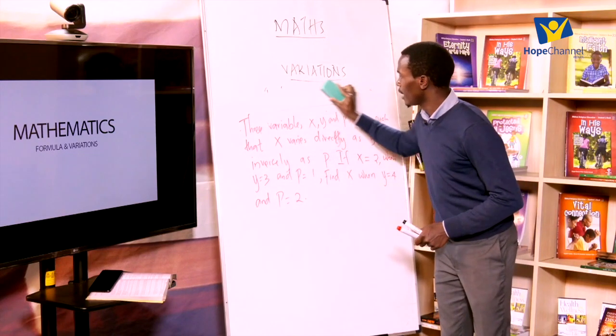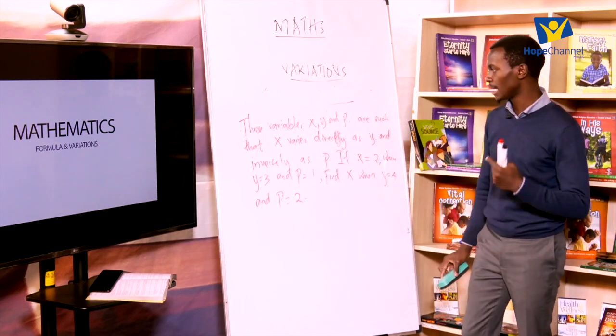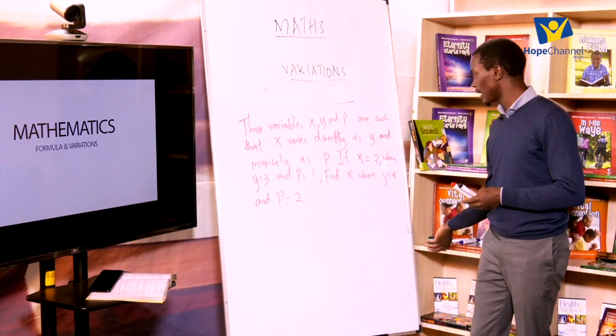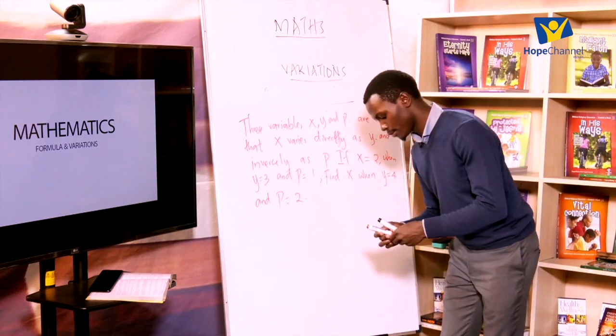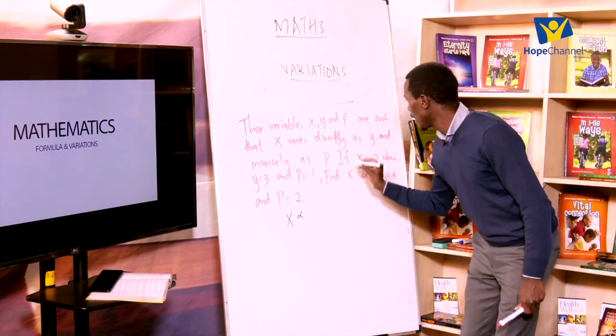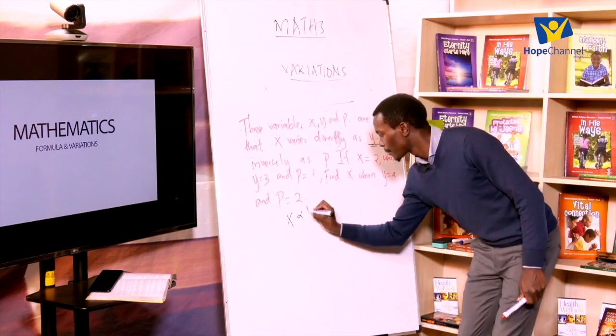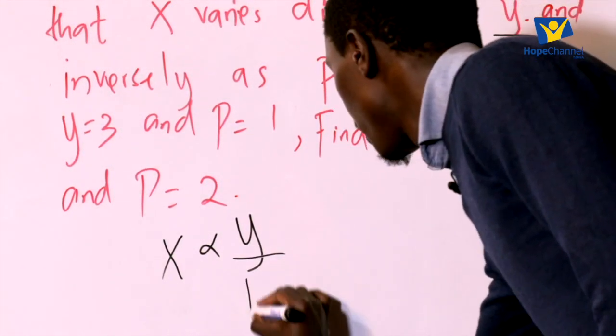Now this question here is combining two variations, that is indirect and direct, all in the same equation. So we know x varies directly as y and inversely as p.